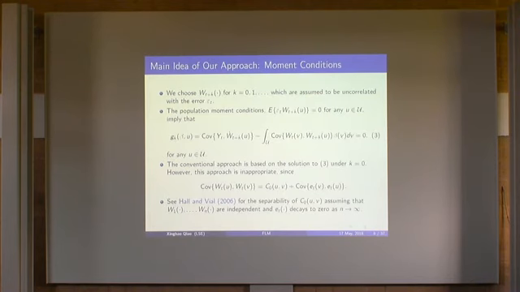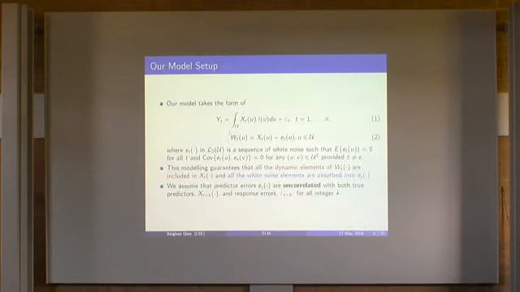Then let's talk about the problem. In this functional regression problem, we want to estimate the slope parameter, which is this beta function, based on the observed data.